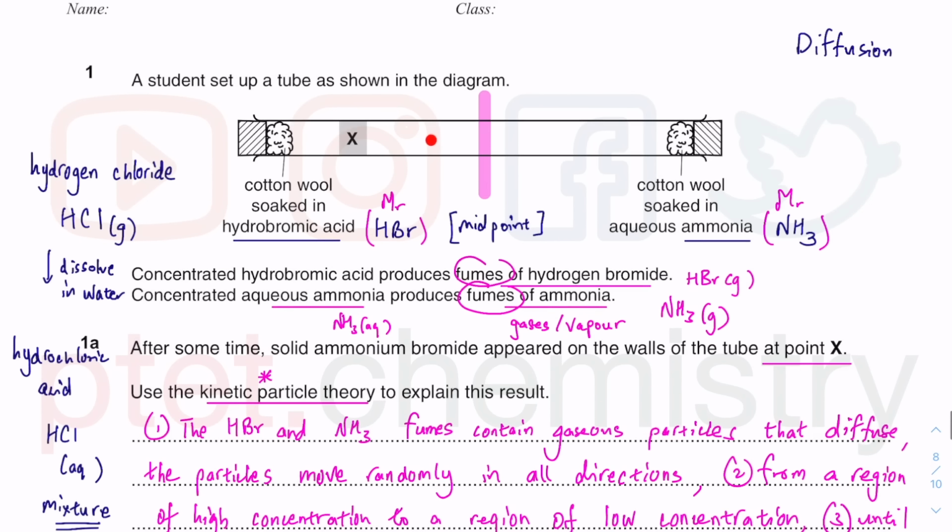If the HCl is still heavier than 17, it will be before this midpoint, closer to the heavier end, but it's lighter than HBr, so it will be slightly towards there. So this is the new X if HCl is used. HCl is still heavier than NH3 based on our calculation, but HCl is lighter than HBr, so X will be slightly to the right, but not passing the midpoint.